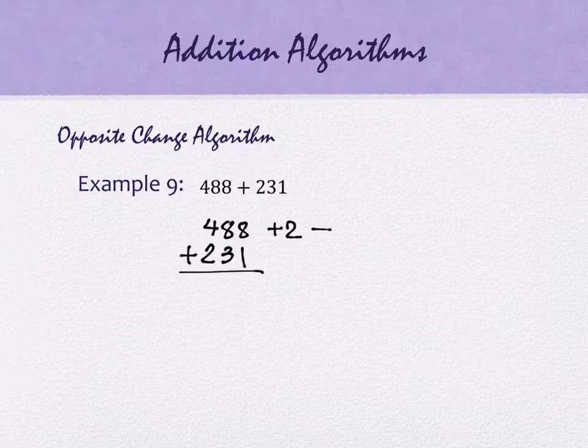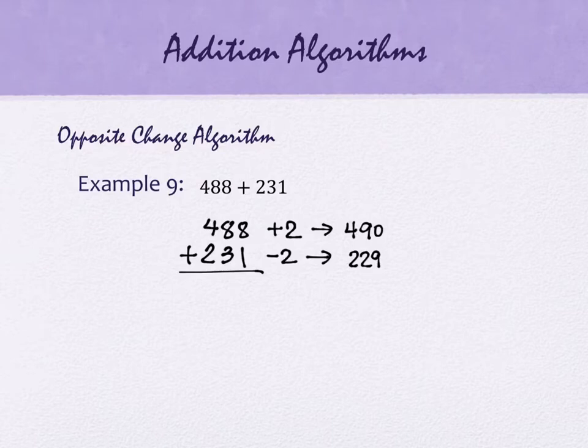Well, because it takes the 8 at the end and gives it a 0 value now. 488 plus 2 is 490. But opposite change algorithm means that if I added 2, I also need to subtract 2 as a balancing step. So I will subtract 2 from the lower value. So that gives me 229. Okay?